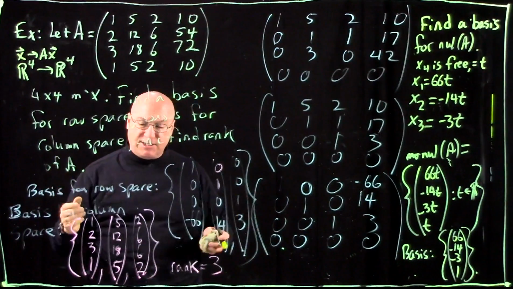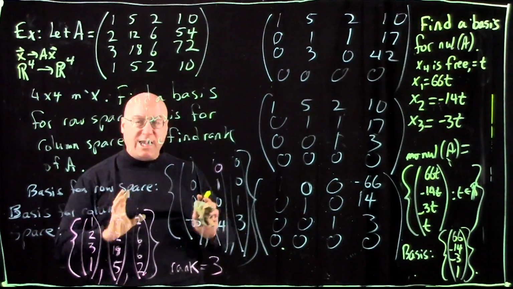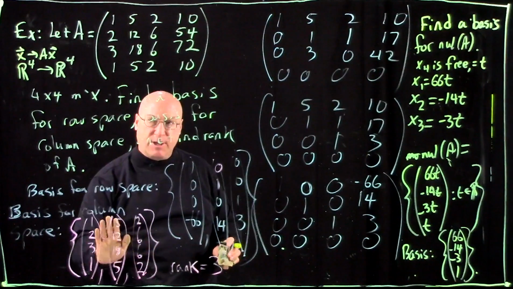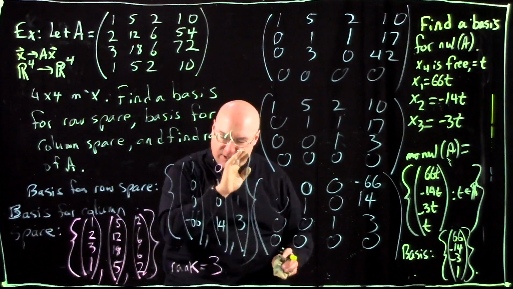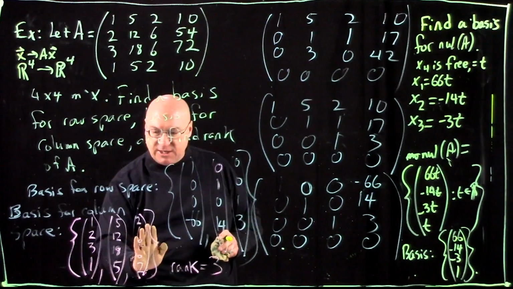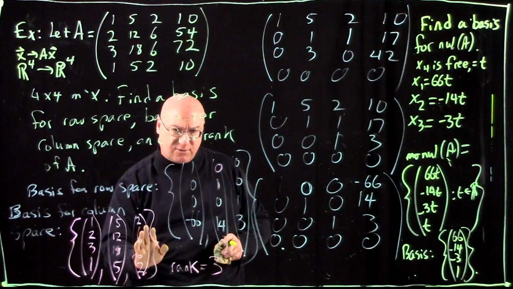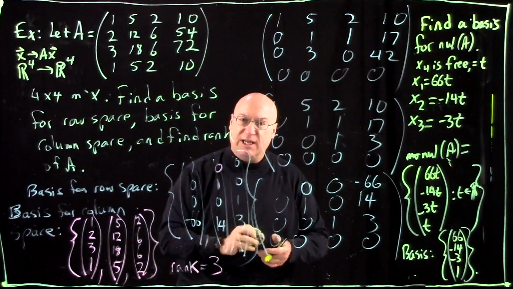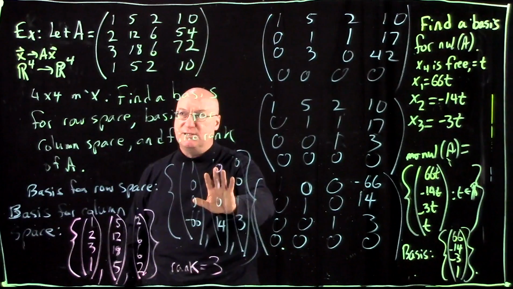So it maybe kind of makes sense that the range of the linear transformation, a basis for the column space, is a basis for the range of the linear transformation. The number of vectors there is exactly equal to the number of vectors in a basis for the row space.